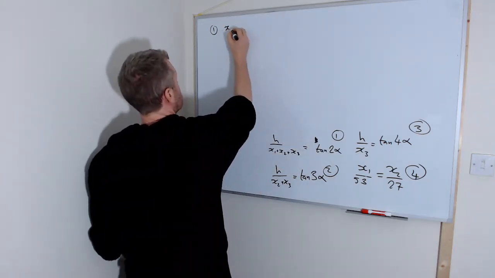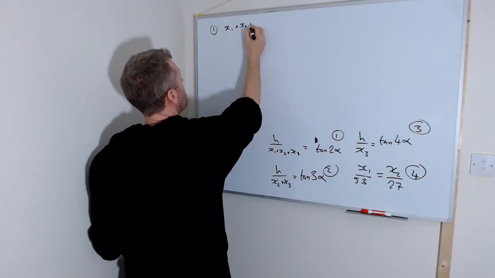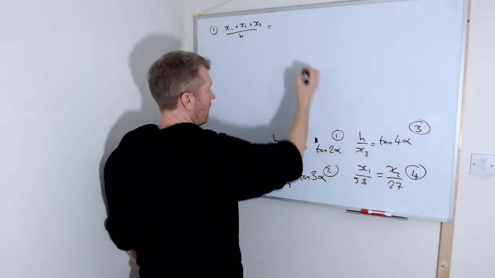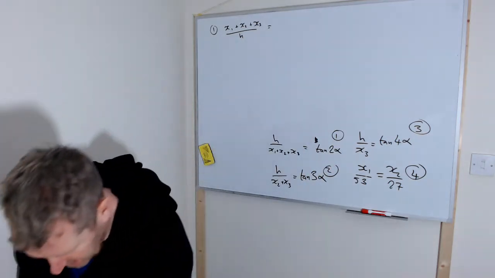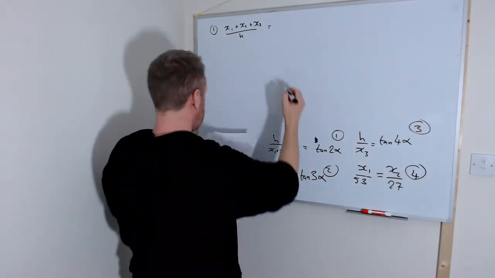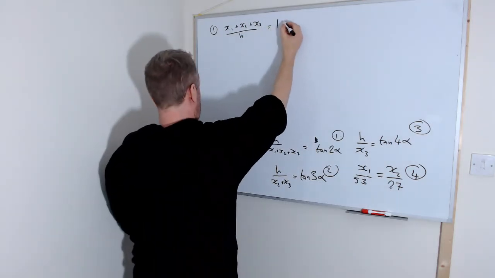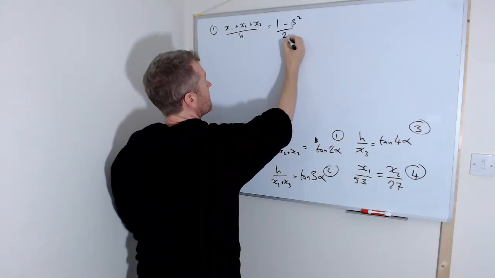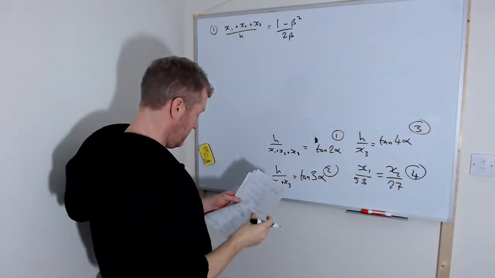So we're going to have x1 plus x2 plus x3 over h is equal to 1 over tan 2 alpha, so that is equal to 1 minus beta squared over 2 beta. That's using our beta equals tan alpha substitution.